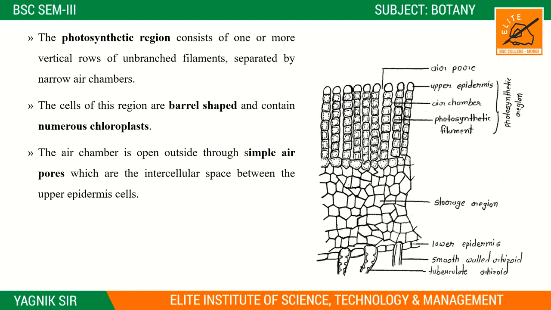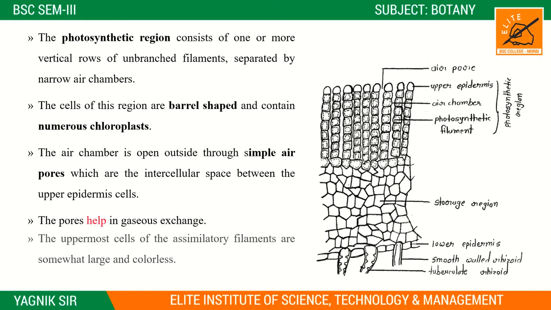So the air chamber opens to the outside through the simple air pore, which is an intercellular space between the upper epidermal cells, right? Because on the lower epidermis rhizoids form, and on the upper side there will be simple air pores. And the pores help in gaseous exchange.